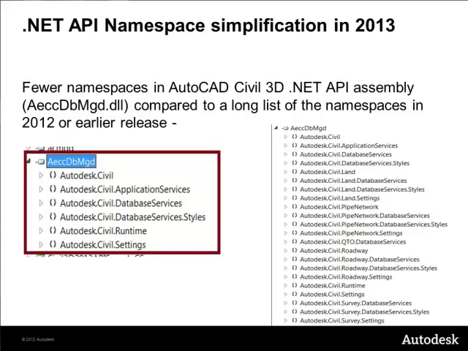You can see in this slide that in the AutoCAD Civil 3D 2013 release, all the feature name or domain levels, that is land, pipe network, roadway, etc., are removed from the namespaces. This change will necessitate your existing projects to be rebuilt by updating the new namespaces. This restructuring of the namespaces will improve the usability by grouping related classes into the same namespace.